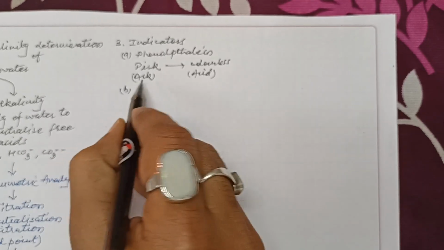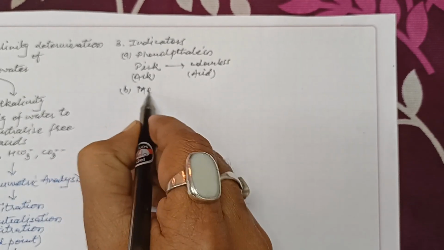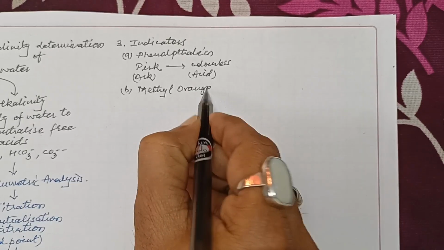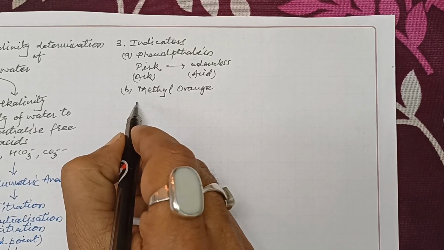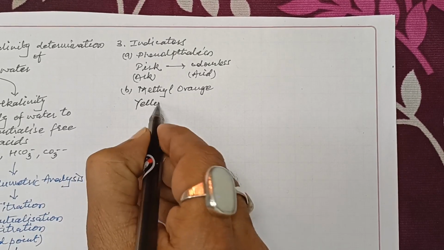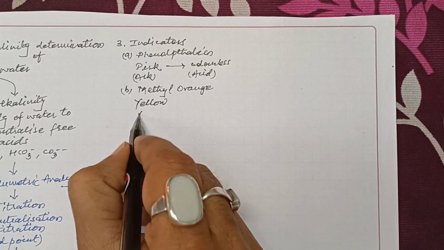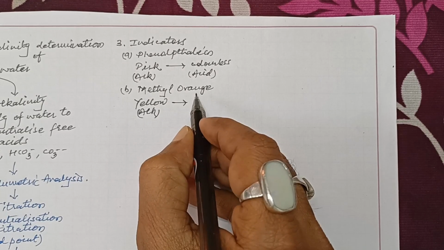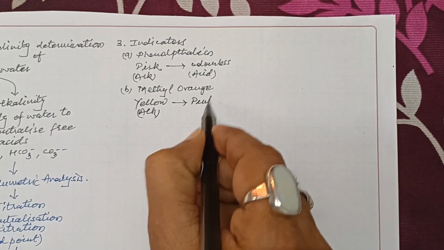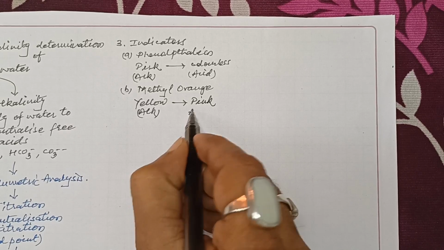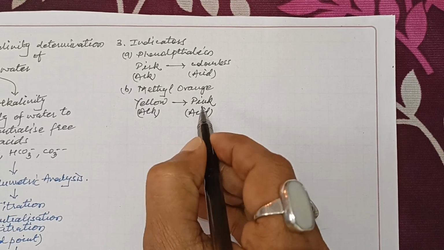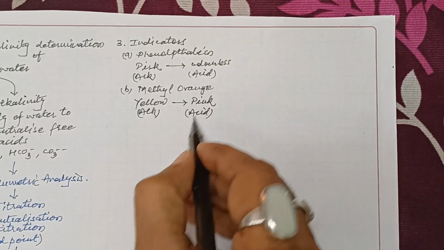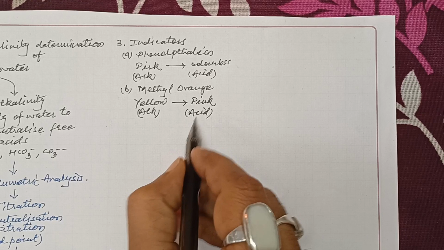The second one is methyl orange indicator. It shows yellow color in alkaline medium and changes into pink color when acidic medium comes, but this pink gets mixed into the yellow color. The overall appearance is orange color.